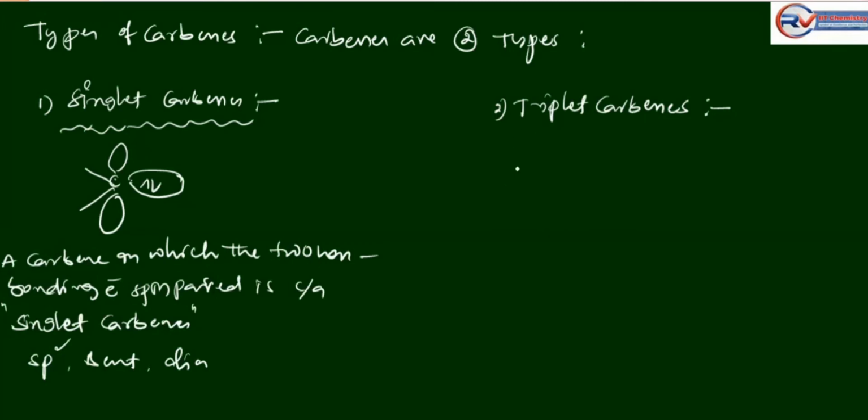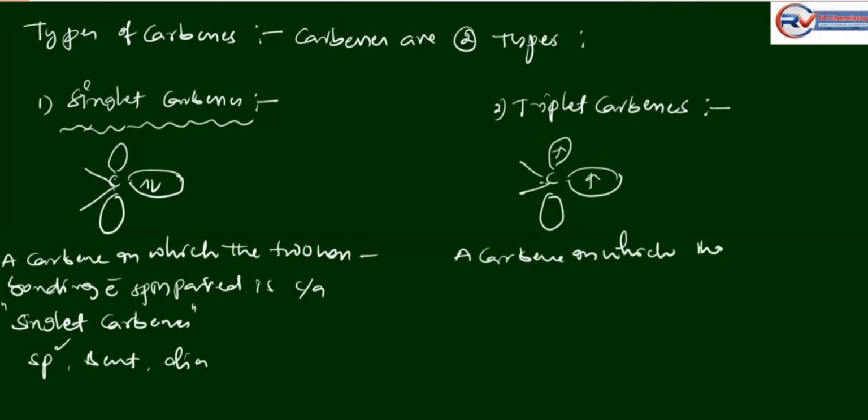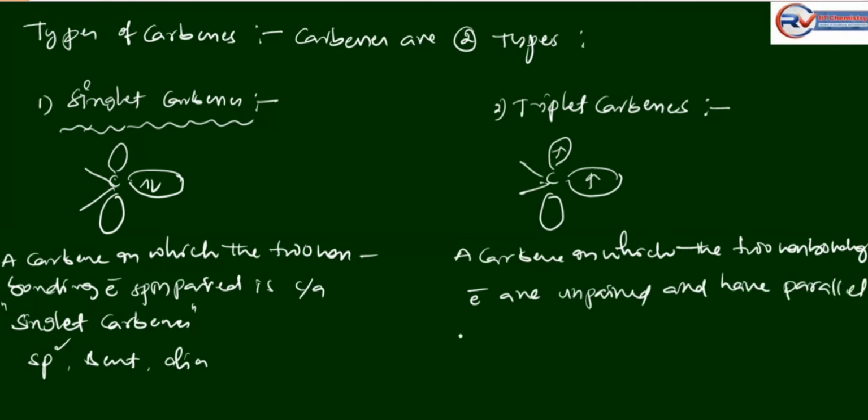Let's talk about triplet carbene. A carbene in which the two non-bonding electrons are unpaired and have parallel spin is called a triplet carbene.